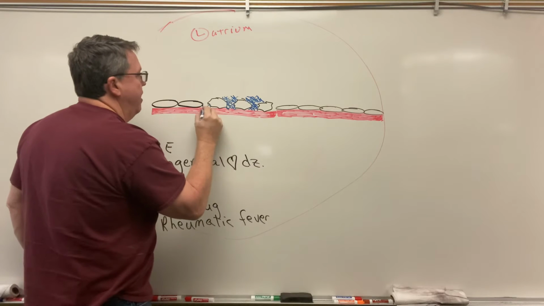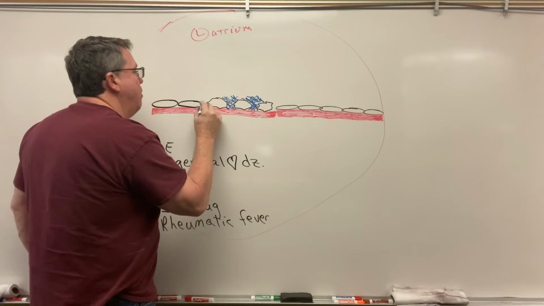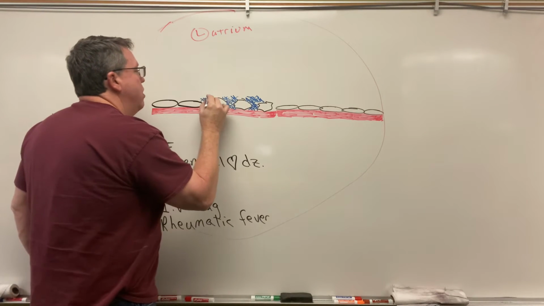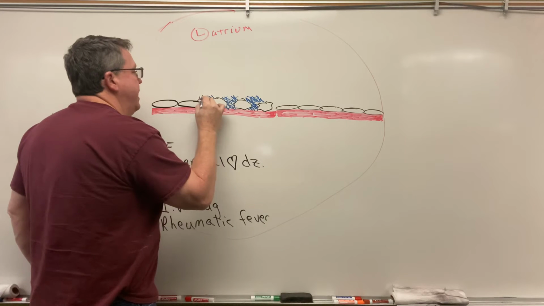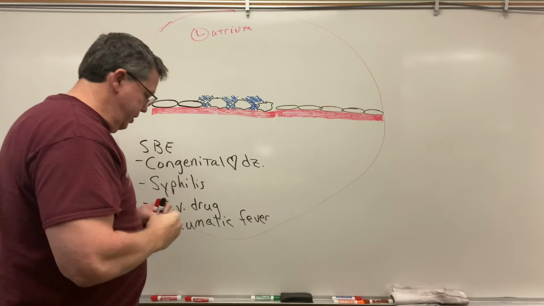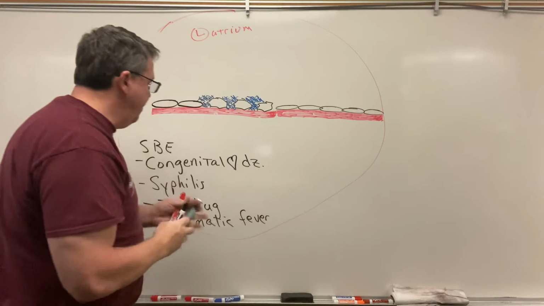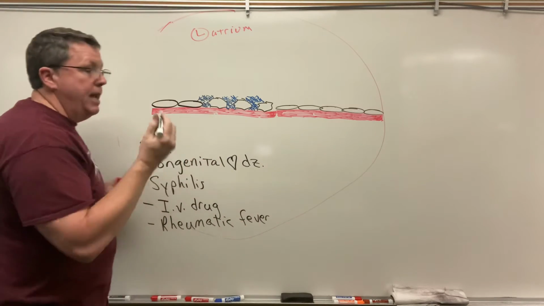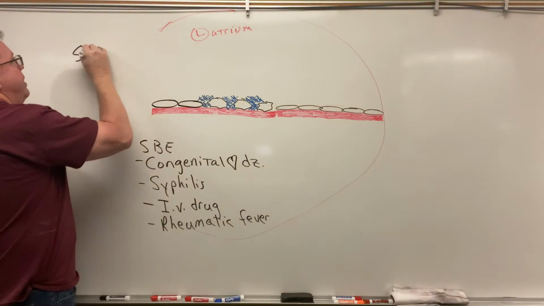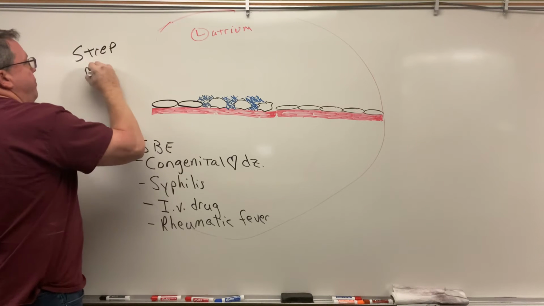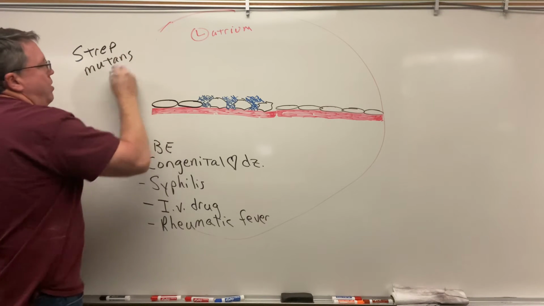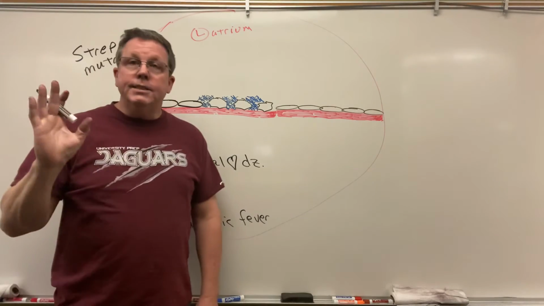So now what's going to happen is, let's say somebody goes to the dentist and they get a tooth extraction. Well, in your mouth, there's a bacteria called strep mutans. Now, there's other forms of strep that can cause this also. And let's say you didn't even go to the dentist.